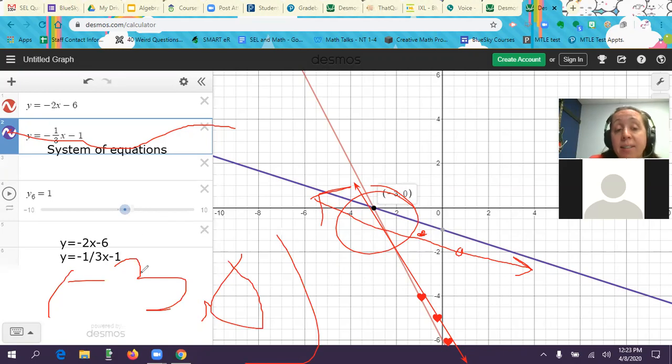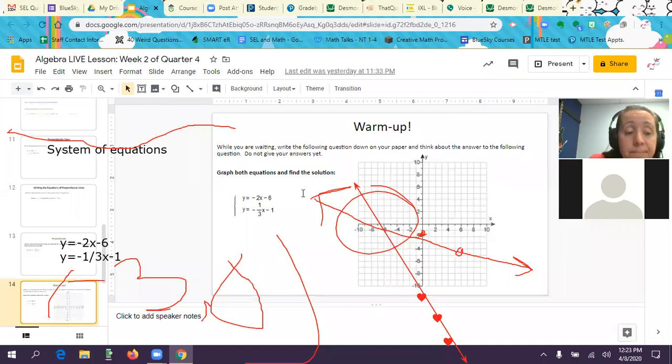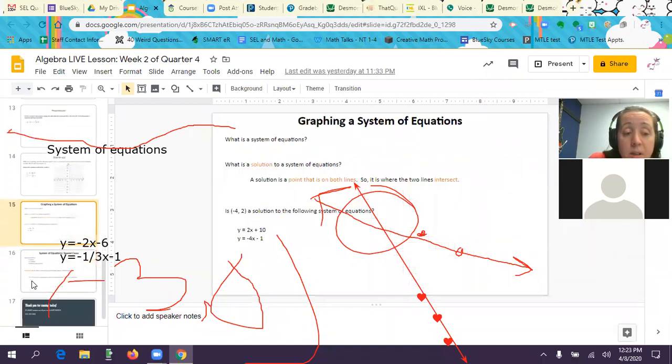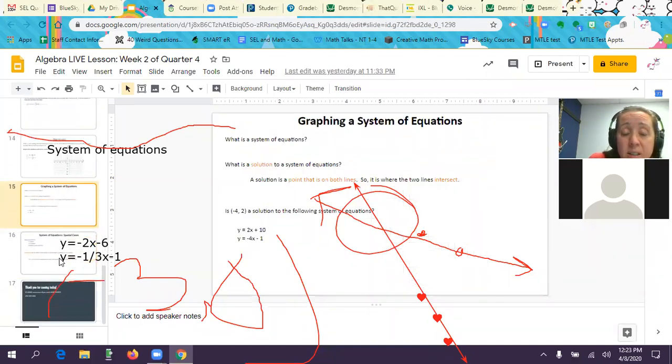So you would say x equals -3, y equals 0. So guys, all you're doing for this homework is just graph both of those equations. That'll tell you the solution. A solution is a point that is on both lines, so it's where the two lines intersect.